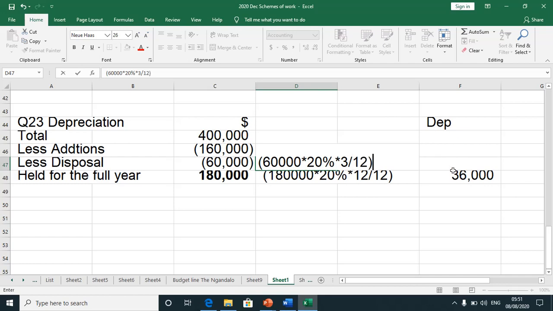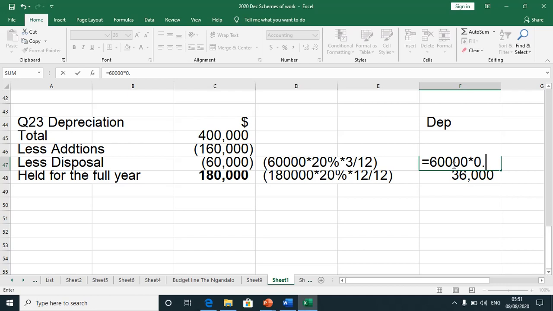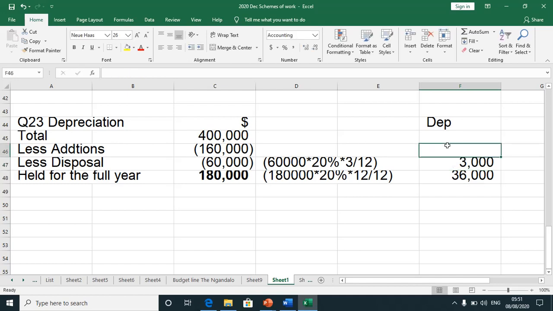In my Excel, 20,000 multiplied by 20% multiplied by 0.25, as 3 over 12 is 0.25. Please use your calculator to confirm that.